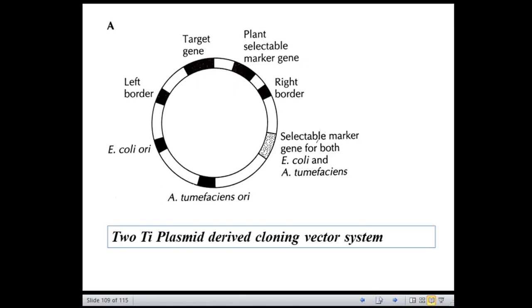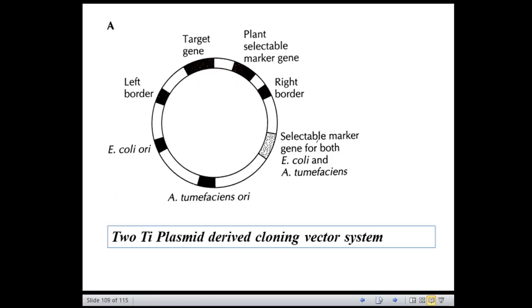Its role is to synthesize the virulence gene products which mobilize the T-DNA region of the binary cloning vector plasmid, thus enabling the T-DNA from the binary cloning vector to be inserted into the plant chromosomal DNA.